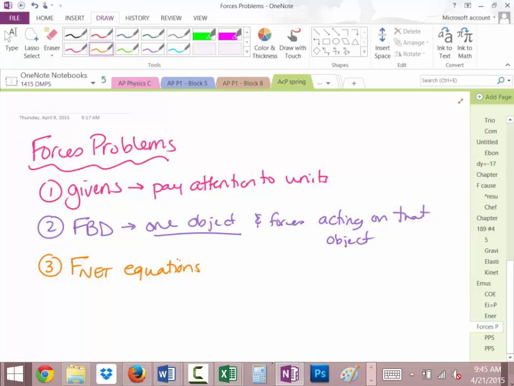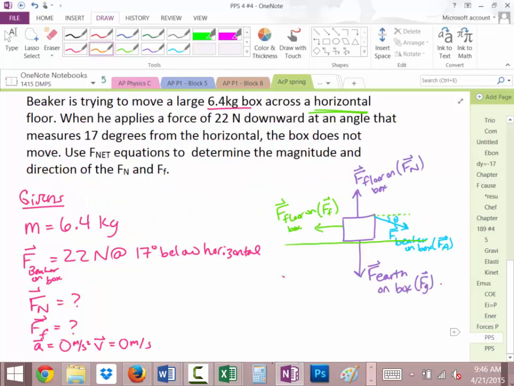This is something I want to point out because I saw a lot of people on the test especially wanted to write down one big F-net equation with all the forces, which, to be completely honest, is not totally wrong. It's just not very practical. All of the forces have to add up to 0. That is true. But it's really hard to find two things you don't know with one equation.